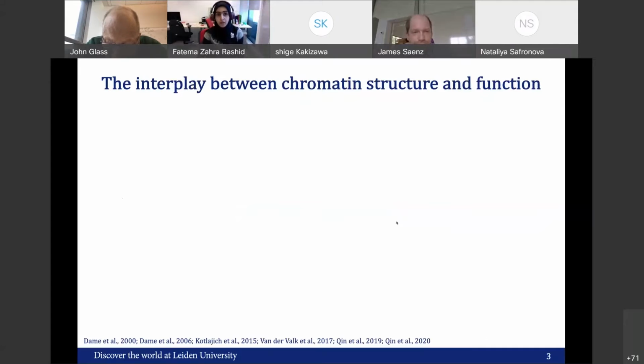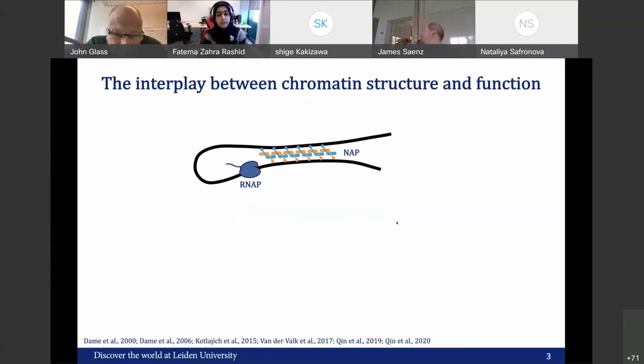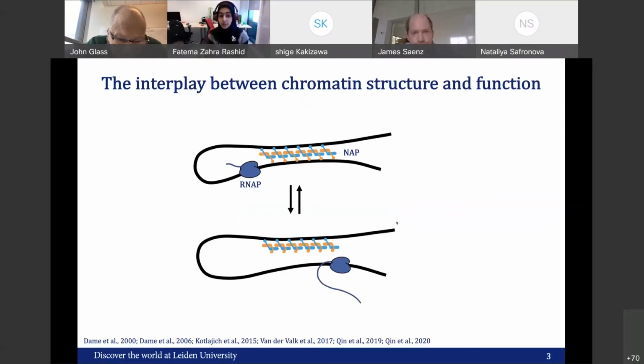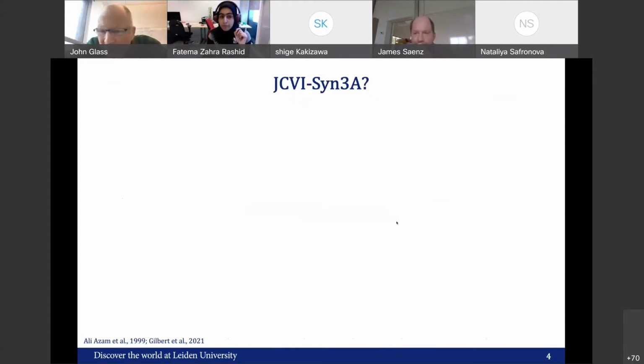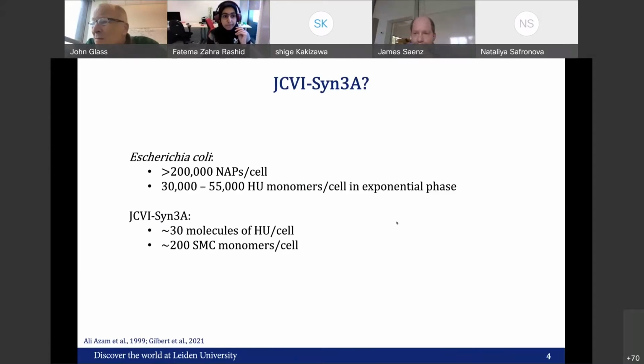Now, this is rather interesting because these architectural nucleoid-associated proteins are able to detect changes to the environment, and they respond to the stimuli by altering the structure of the chromatin, and in turn, this affects the genome processes, for example, transcription.